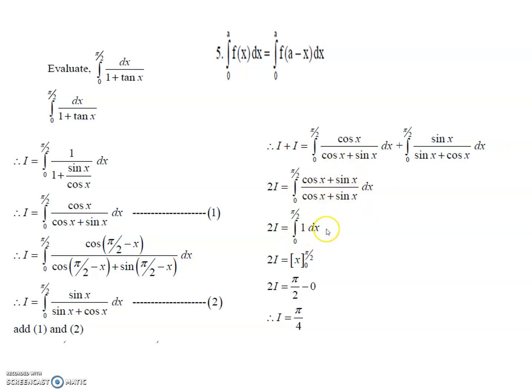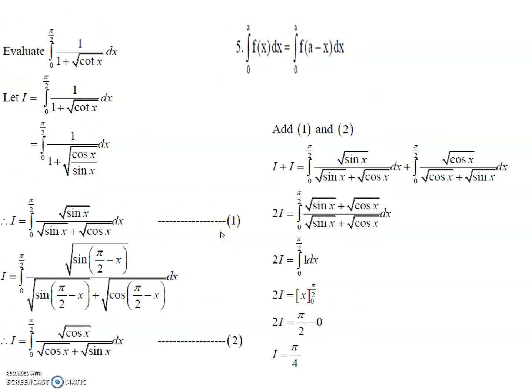The common term gets cancelled. What is the integration we derive again? Yes, it is 1. Integration of 1 is x. So 2I is equal to x, lower limit 0, upper limit pi by 2. 2I is equal to pi by 2 minus 0. So the final answer is I is equal to pi by 4.